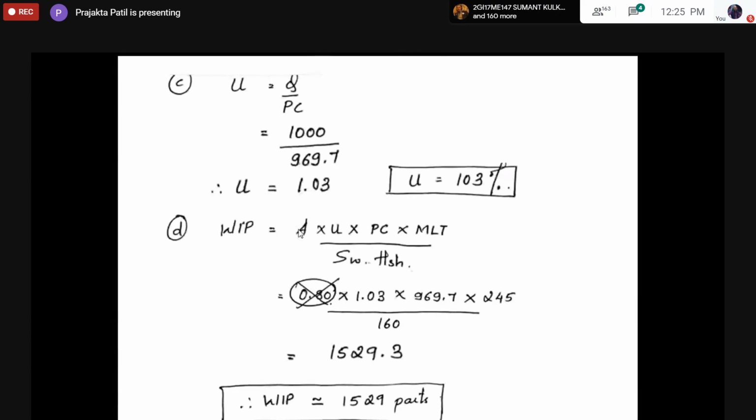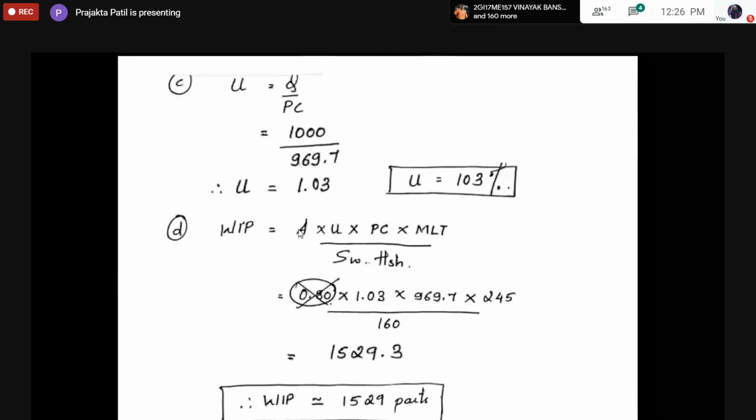Ma'am, utilization has crossed 100%, so is it practically acceptable? Utilization, yes, it has crossed 100% because you have this overtime taken into consideration. Had the overtime not come into play, then it could have been 100%.